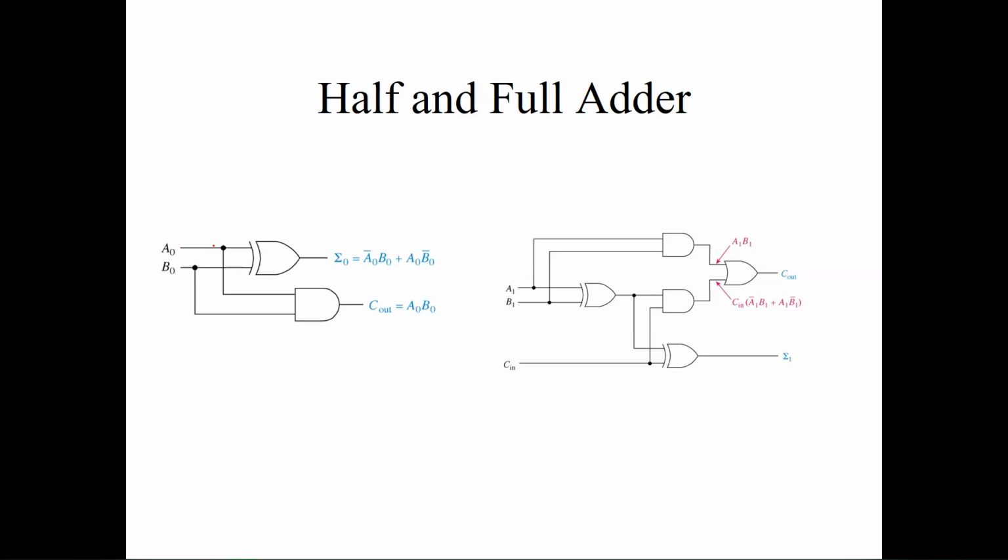So if I have a high on A, a 1 on A, and a 0 on B, which one of these is going to turn on? Or which one of these will allow it to flow?